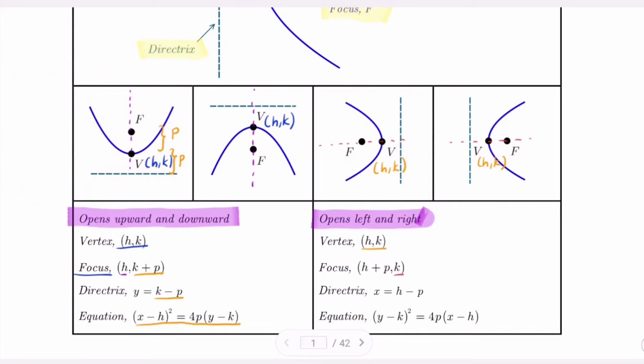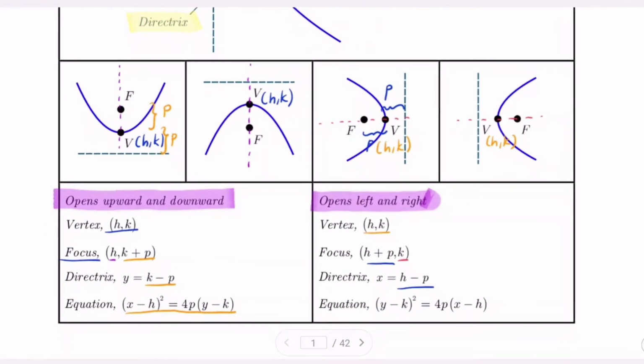And like before, the distance between F, which is the focus, and vertex is P, and the distance between the vertex and directrix is also P. So our focus will be H plus P, K, while the directrix will be X equals to H minus P. The equation for these 2 parabolas will be Y minus K squared equals to 4P times X minus H.